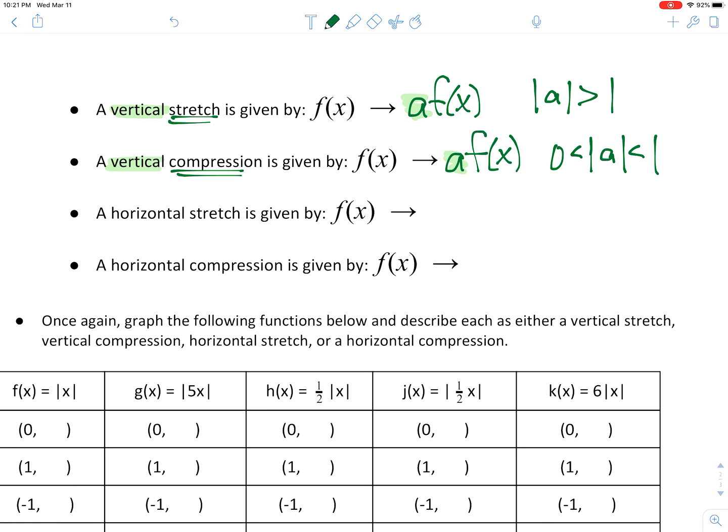changes. If we want a horizontal stretch, we need it to be f of, I'm going to change it to b of x, b times x, where if b is a fraction, that would be a horizontal stretch by 1 over b.